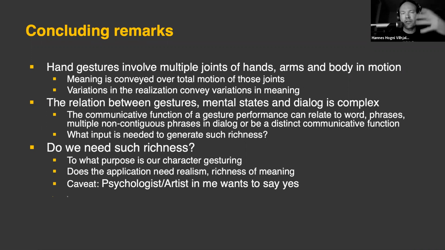It has a functionality of clear communication. Many of the more complex machine-learned models that are getting a lot of rich hand movement may actually miss this one point, this single most important point about co-verbal gesture.